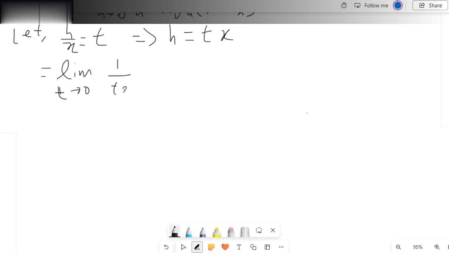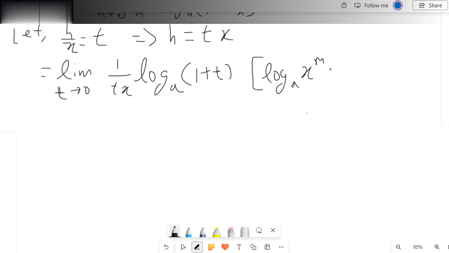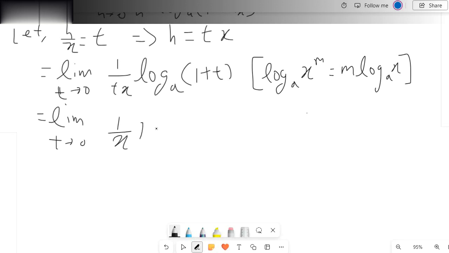So we have 1/(tx) multiplied with log base a of (1 + t), and according to the logarithm rule of log base a of x^m equals m multiplied with log base a of x, we can also write this as the limit as t tends to 0 of 1/x multiplied with log base a of (1 + t)^(1/t).